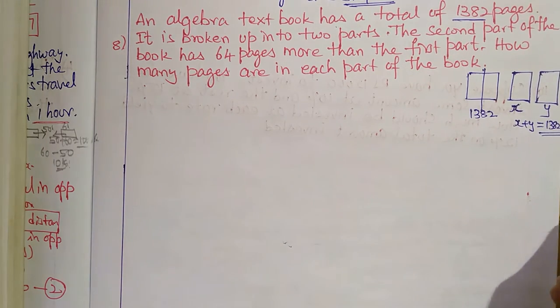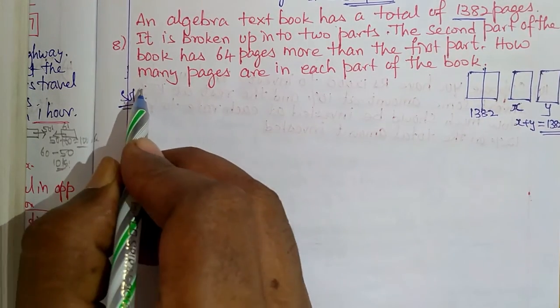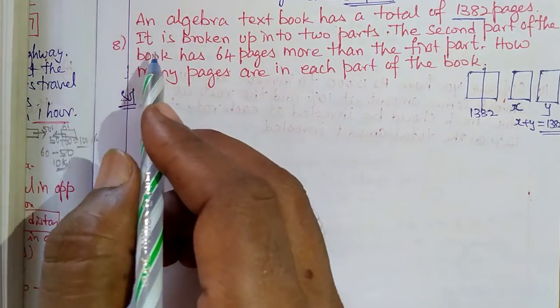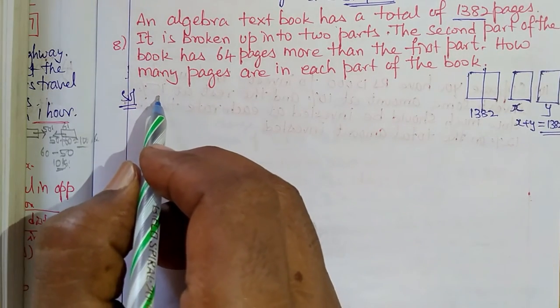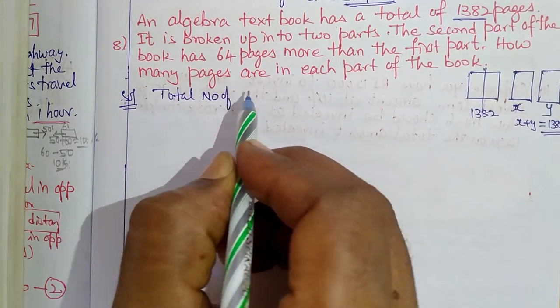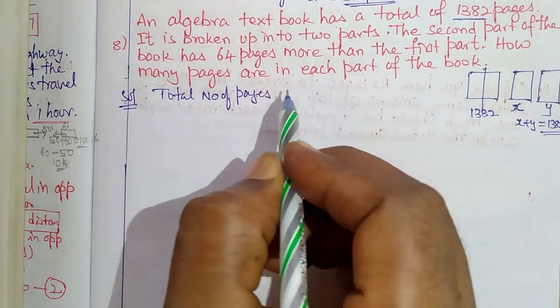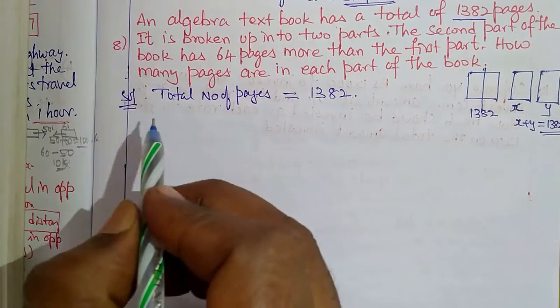Now I will write this in the form of steps. According to the conditions given in the textbook question, first I will write the total number of pages. Total number of pages is 1382.